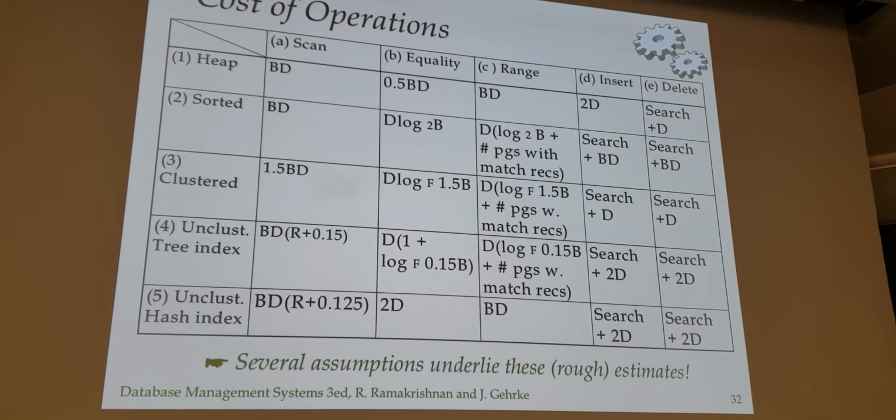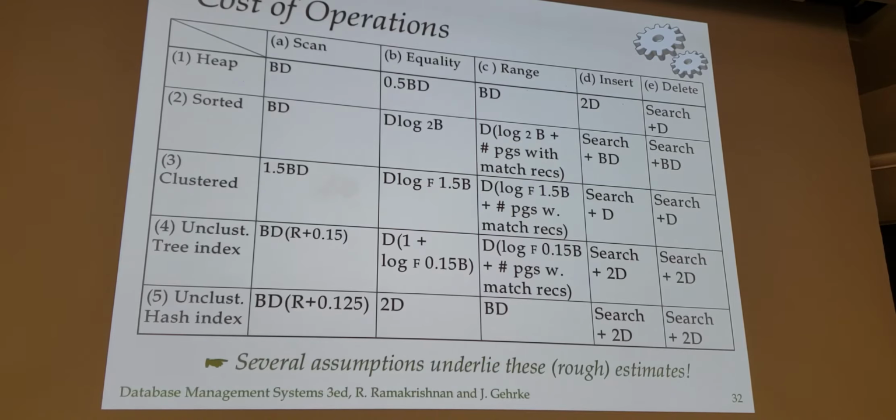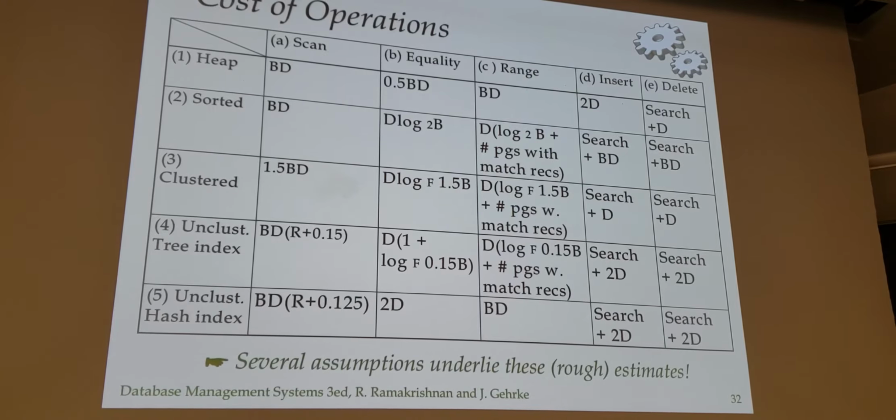And B is the number of pages that are in the file. The first page, get everything on that first page. Get the second page, get everything on that second page. Get the 17th page, get everything on that page. You never have to go back because you're just using file scan. You always have file scan as a way of accessing everything. So it's going to be B, which is the number of pages in the file, times D, because we're assuming nothing is sitting in memory. Having to deal with assumptions when that's true just gets way, way too complicated.